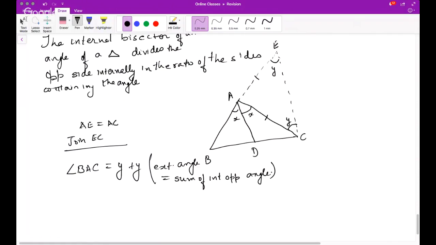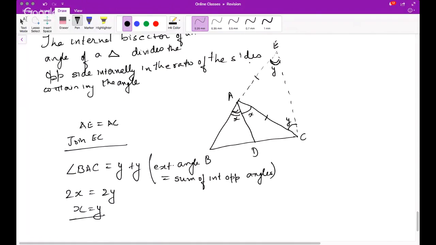This is from our ninth grade knowledge. So BAC, and what is BAC? If you see, this is 2x is equal to 2y. So hence I say x equals y. So x equals y. That means this angle, if you see, is equal to this angle.